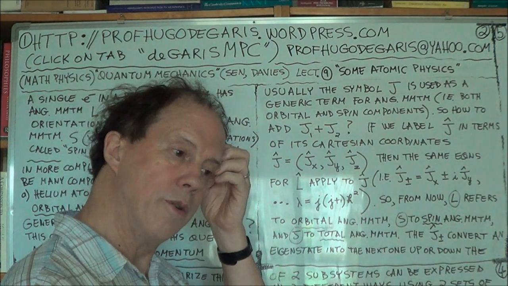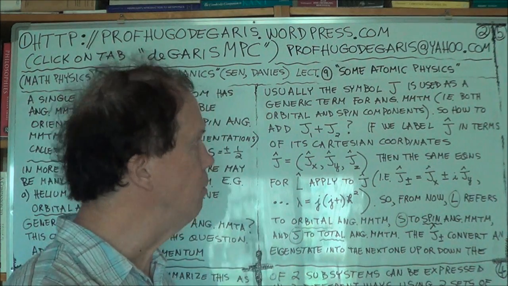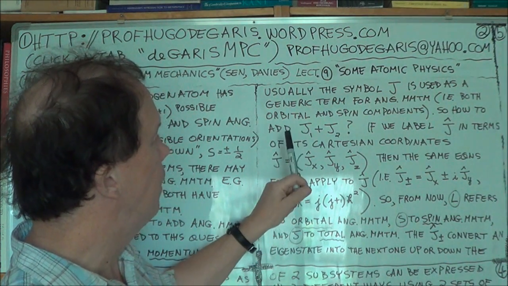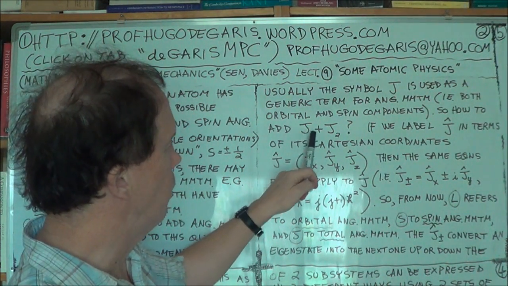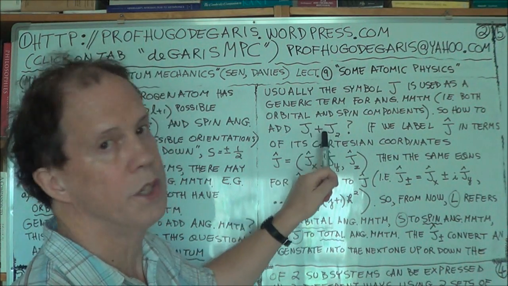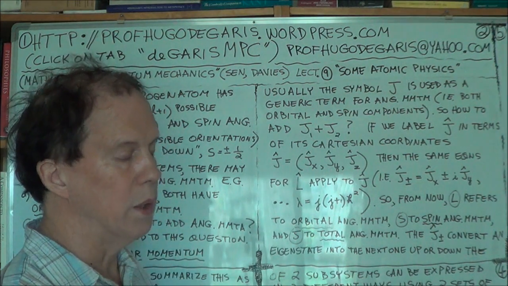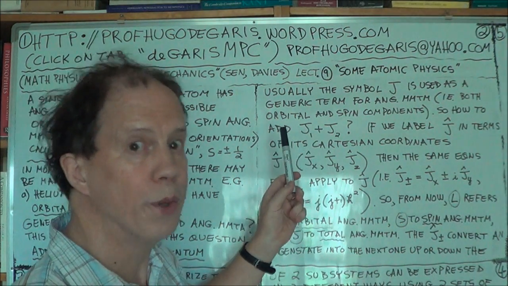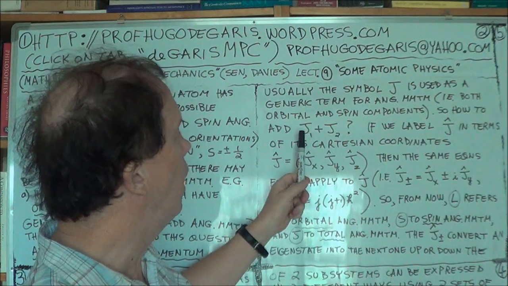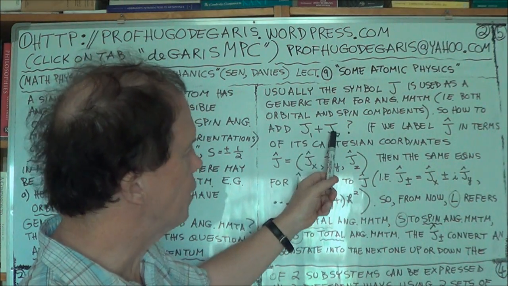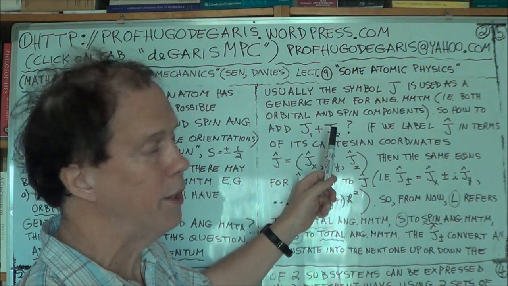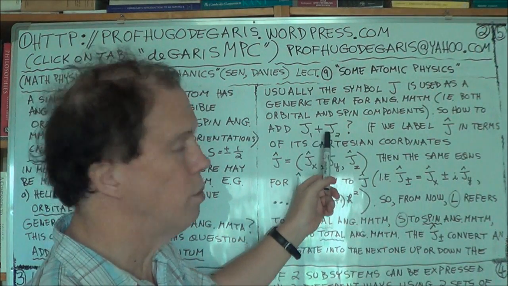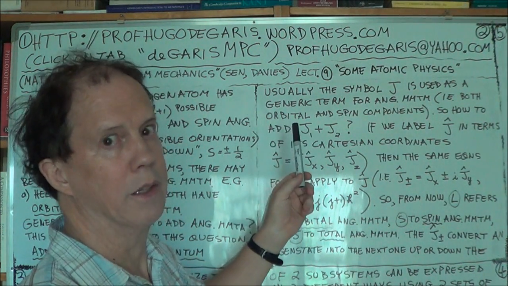So if you're adding two general angular momenta, sort of like J1 plus J2, well, what could these J's be? Lots of possibilities. They could be two orbital angular momenta. You could have one orbital angular momentum and a spin angular momentum, or you could have two spin angular momenta.